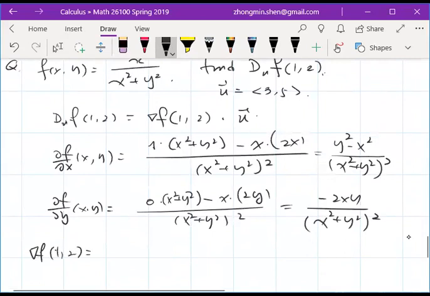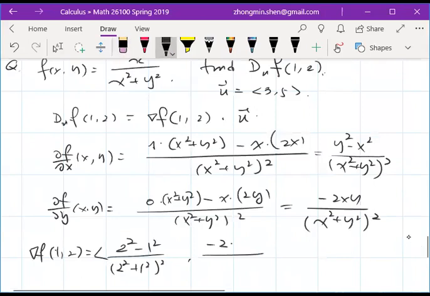The gradient is (2 squared minus 1 squared) and (2 squared plus 1 squared)... here's 3, and this is going to be 25. Sorry, I should have put two terms here. It's a vector.